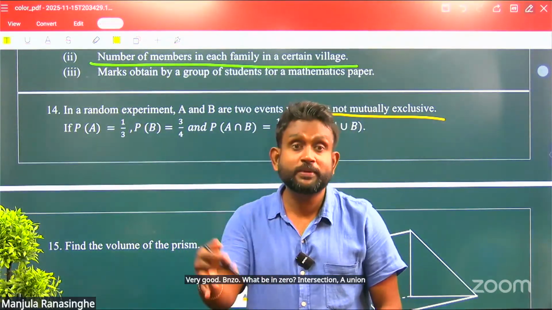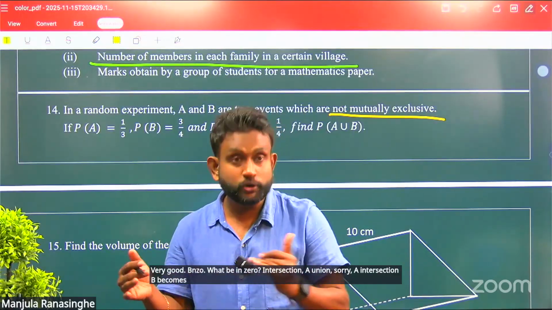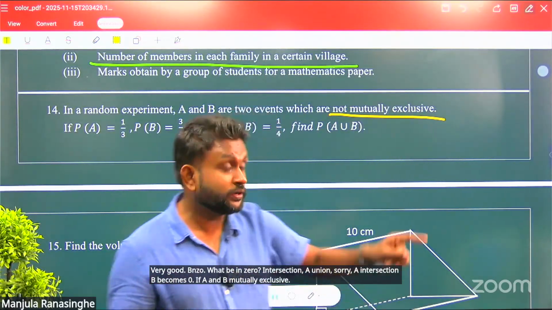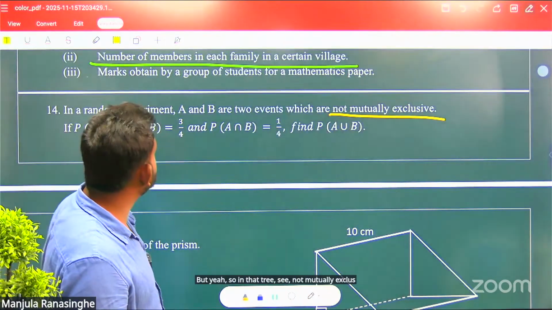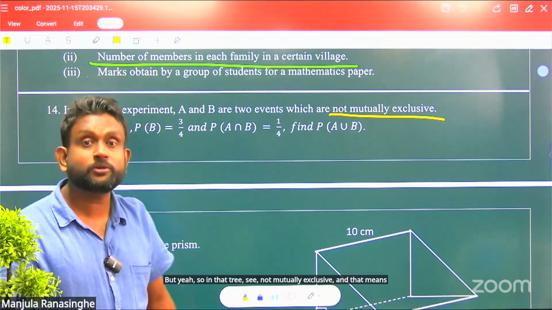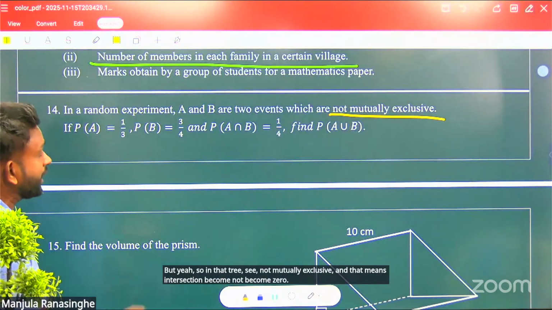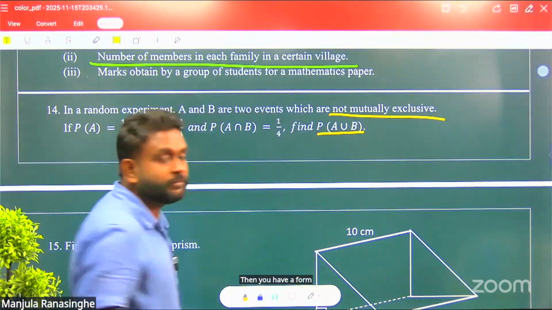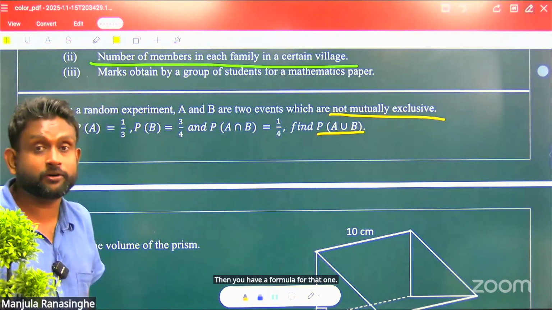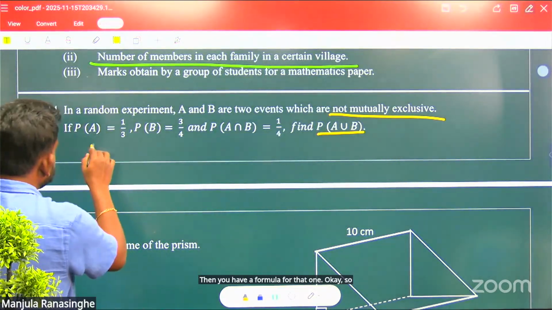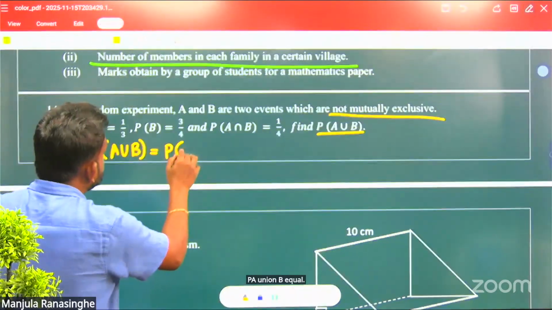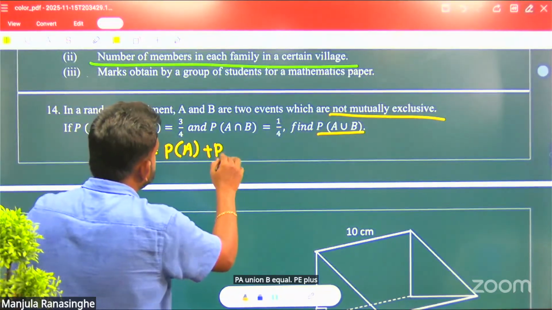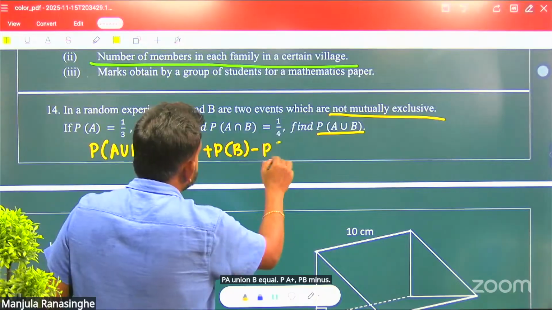A intersection B becomes zero if A and B are mutually exclusive. But here they say they are not mutually exclusive events. That means the intersection does not become zero. Then you have a formula for that one. Remember this, it is asked in O level. P(A union B) equals P(A) plus P(B) minus P(A intersection B).